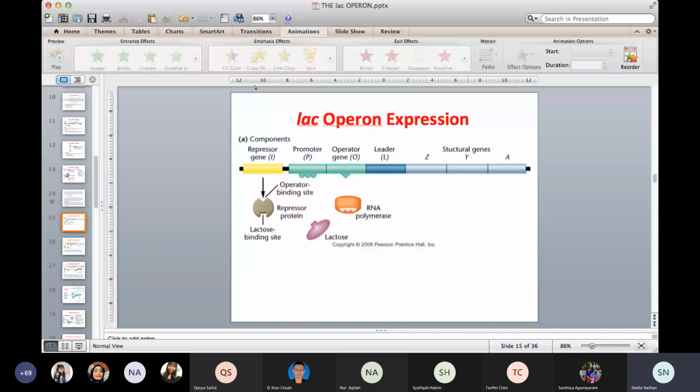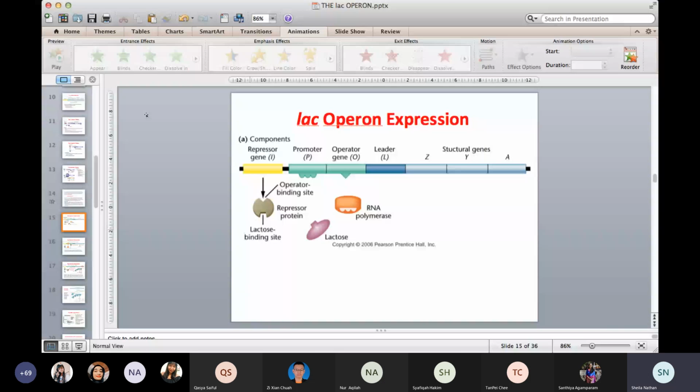So when there is no glucose inside the cell, this small amount of permease will go out into the environment, be secreted by the E. coli cell, search for the lactose, and carry the lactose back into the cell. When the lactose has come in, it will bind to the repressor.